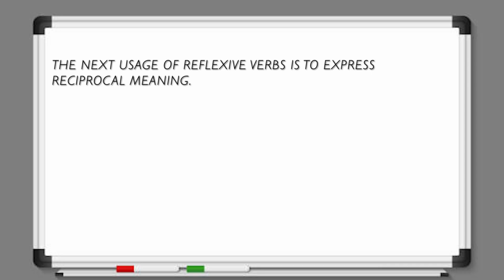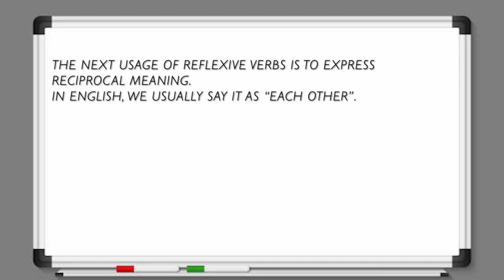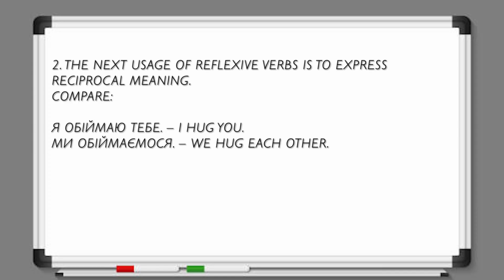Let's move on to the second case. The next usage of reflexive verbs is to express reciprocal meaning. In English, we usually say it as each other. So let's look at the examples and compare them. Я обіймаю тебе. I hug you. Ми обіймаємося. We hug each other.